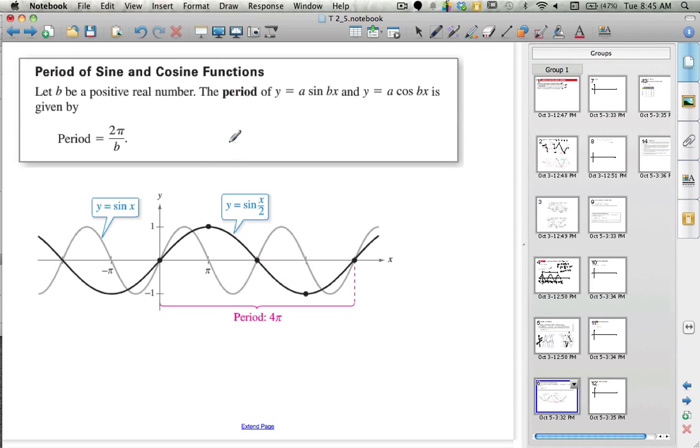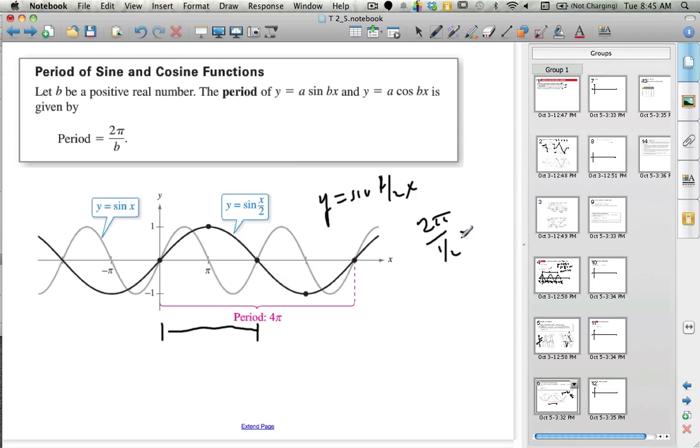Now when we talk about changes in the period, y is equal to the sine of x has a period of 2 pi. But when this coefficient becomes 1/2, this is the same as y is equal to sine of 1/2 x. When I do 2 pi divided by 1/2, that becomes a period of 4 pi, which is what you see here.